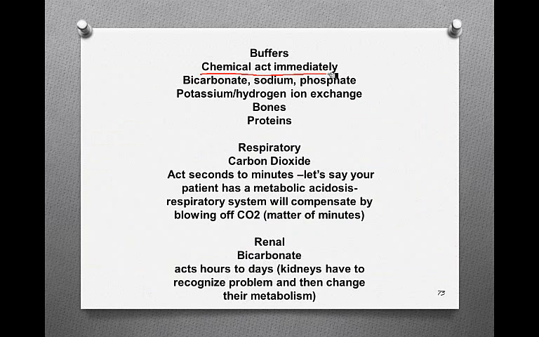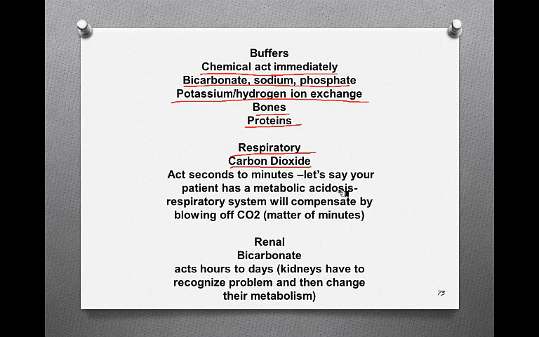You have chemicals, which act immediately, and there can be bicarb, sodium, phosphate, potassium, hydrogen ion exchange, bones and proteins. You have respiratory buffers, which is carbon dioxide, and that can act in seconds to minutes.